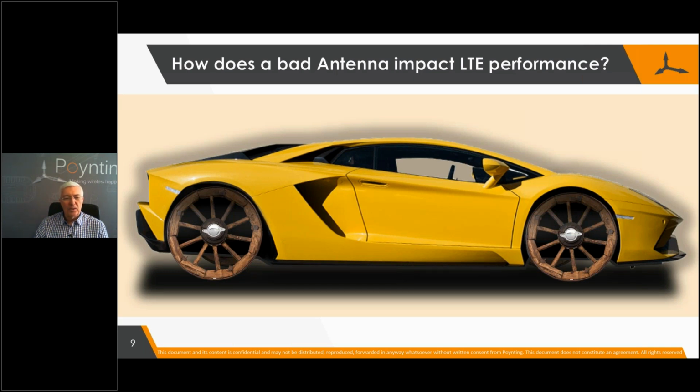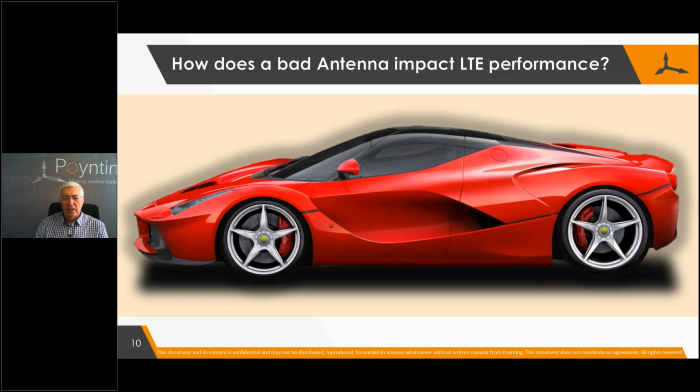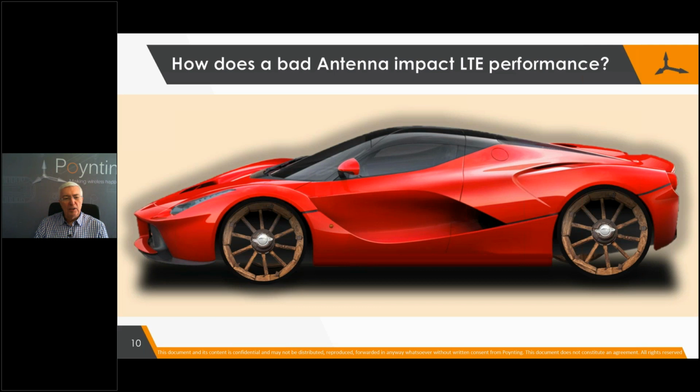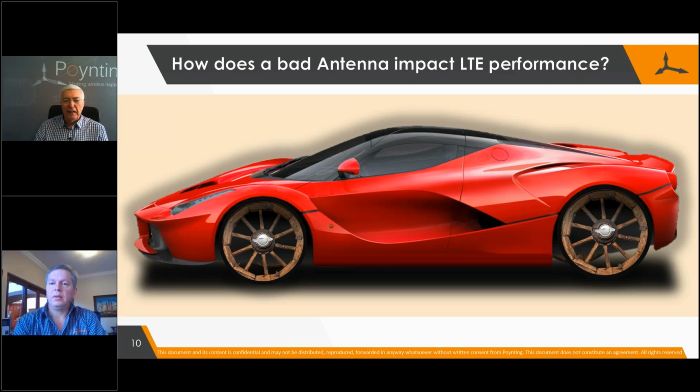You can clearly see this car is not going to perform very well with those Volkswagen wheels. Now you can go and change the car. You can go and change the router if you believe that another router may work better. But if you keep the wagon wheels, if you keep a relatively poor antenna, the performance is not going to improve whatsoever. A little bit of fun there.